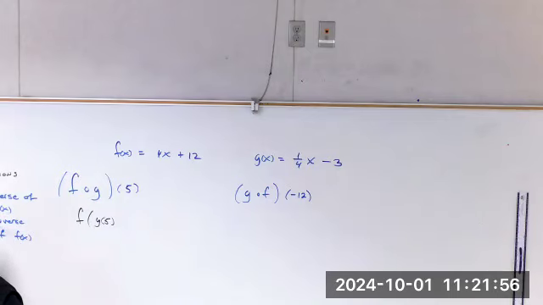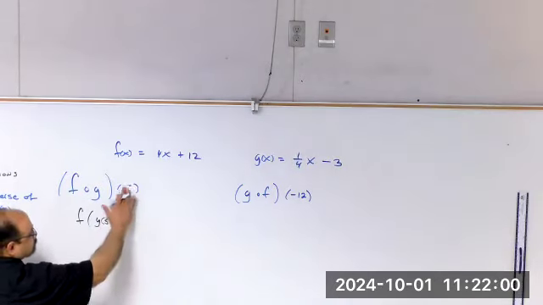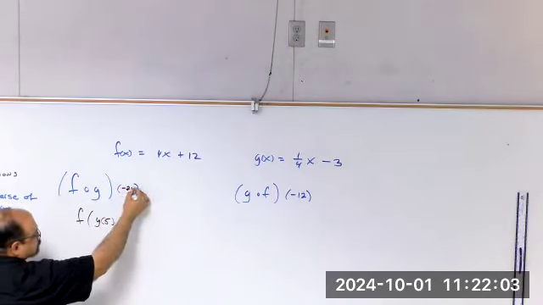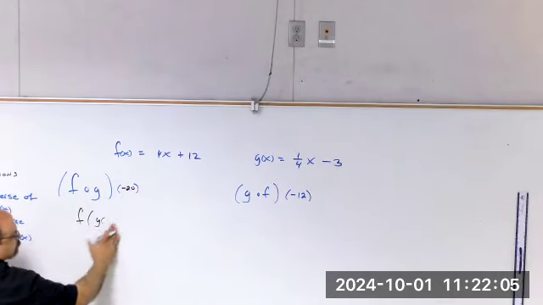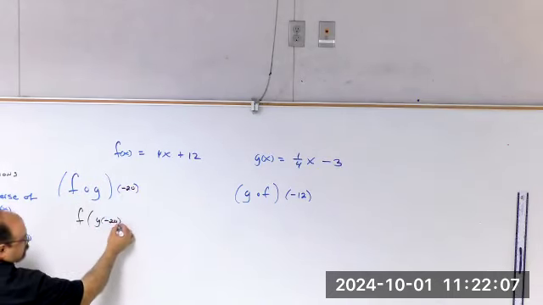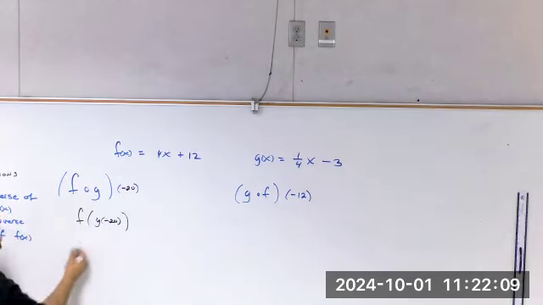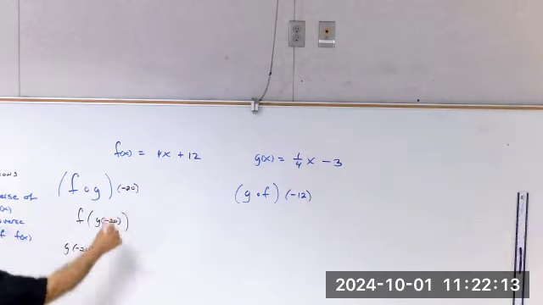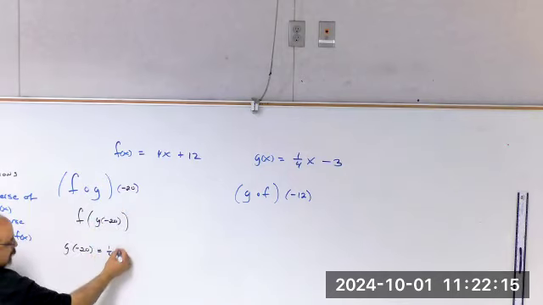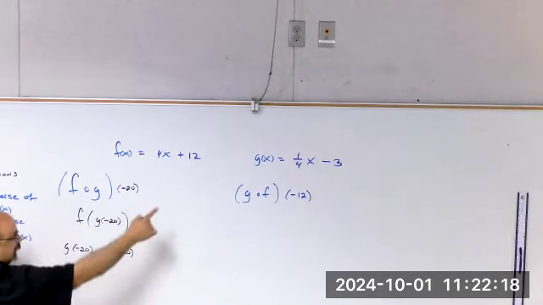Let's do G of negative 20. So G of negative 20 is 1/4 of negative 20, and then minus 3.